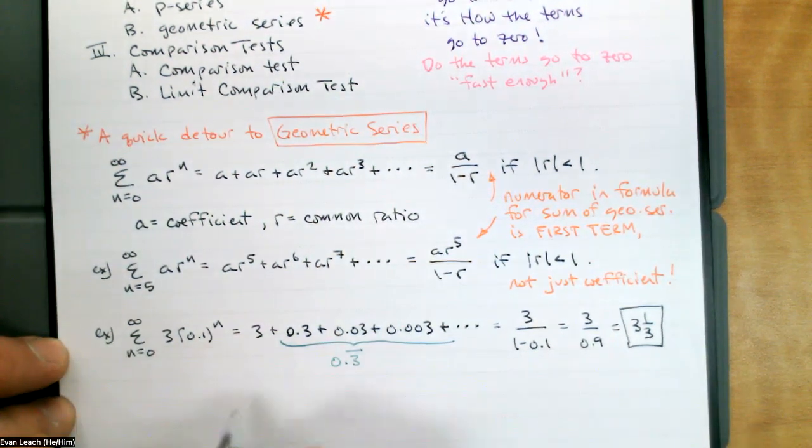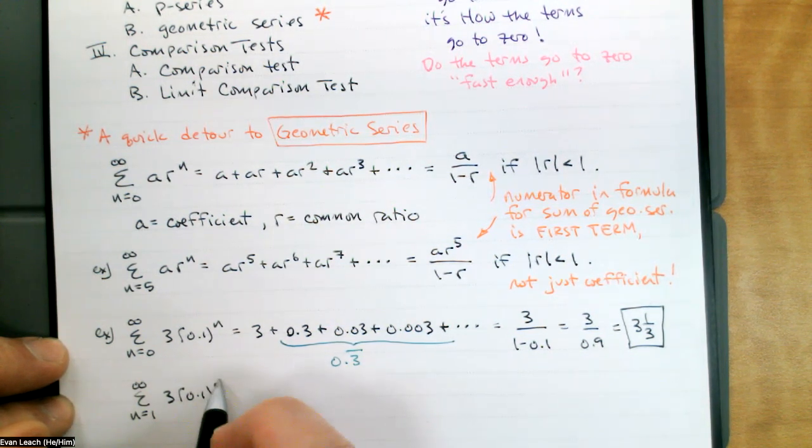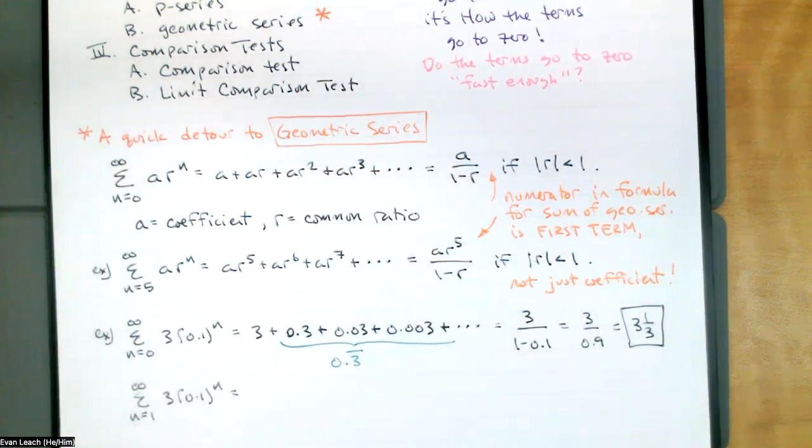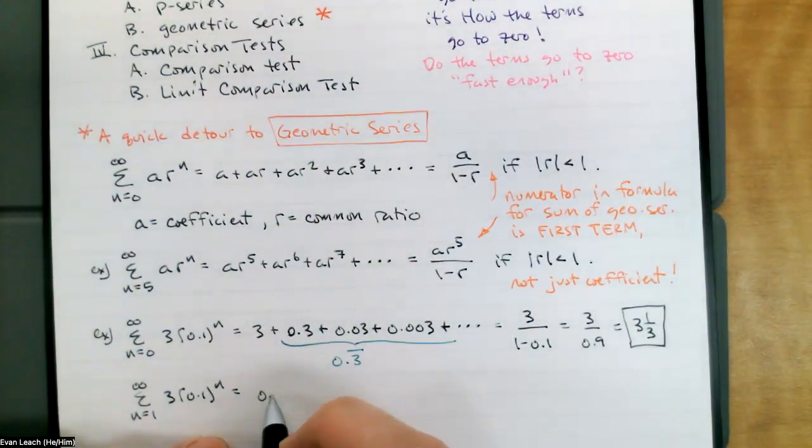So if I start this series later, if I start the counting at 1, we're not chopping off terms that are important to convergence versus divergence. We're just chopping off terms that are important to the sum. So this series is going to have, as a first term, 0.3.